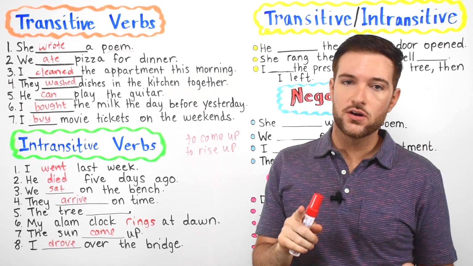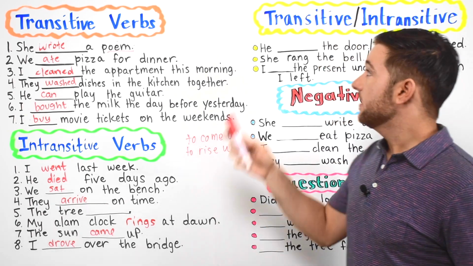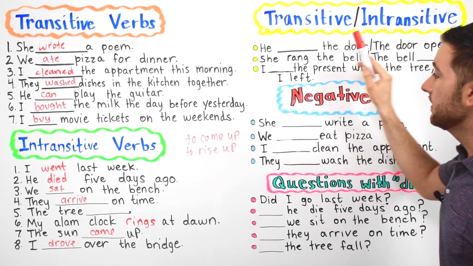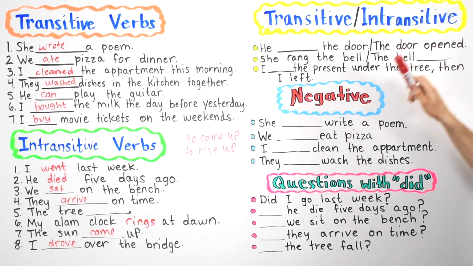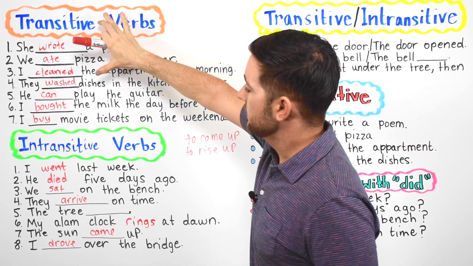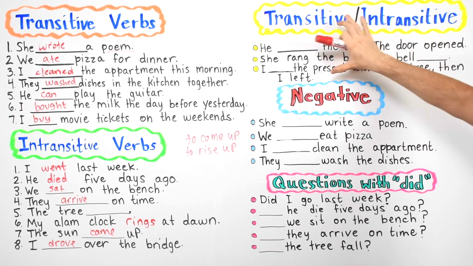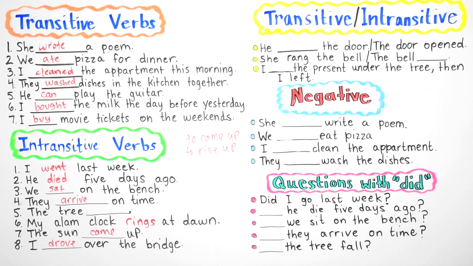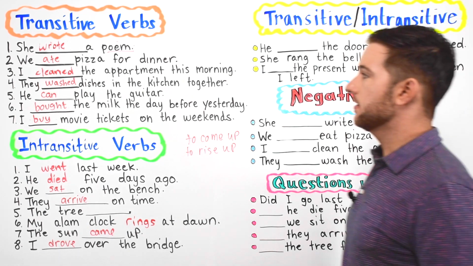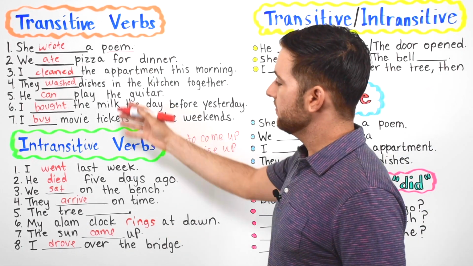Some verbs though are both transitive and intransitive, like these ones that you see in the examples here. We're going to take them here and look at the comparisons. Just take a look at this really quick. So we have transitive and intransitive.